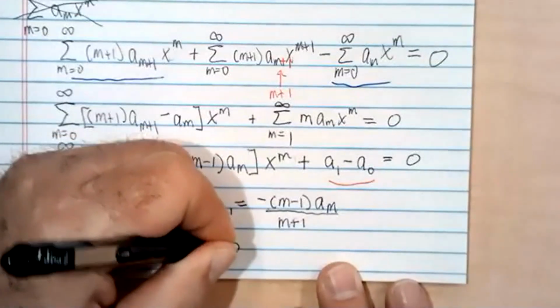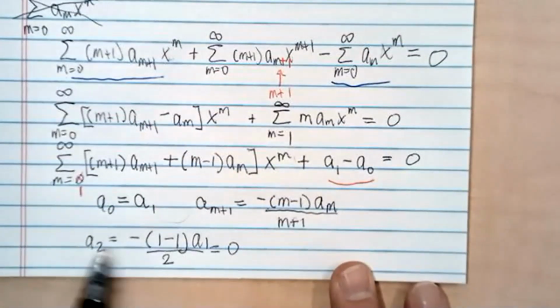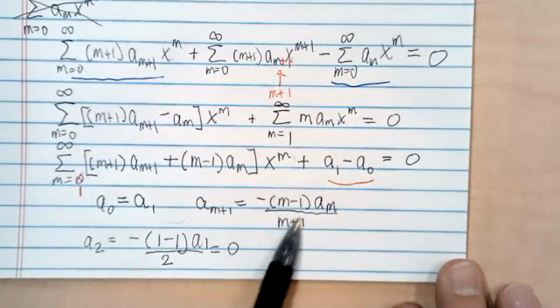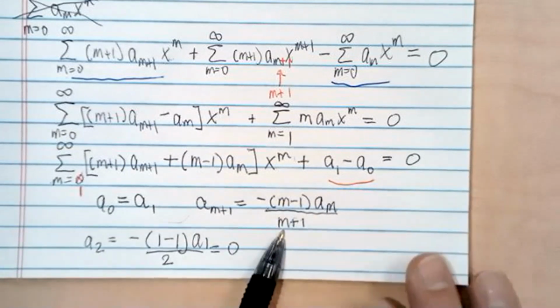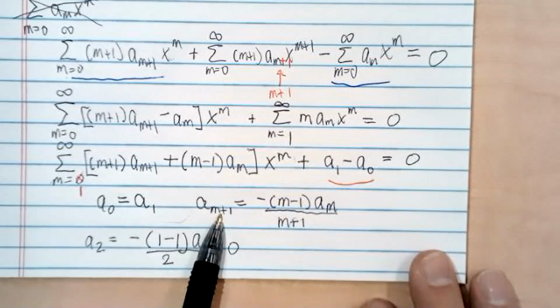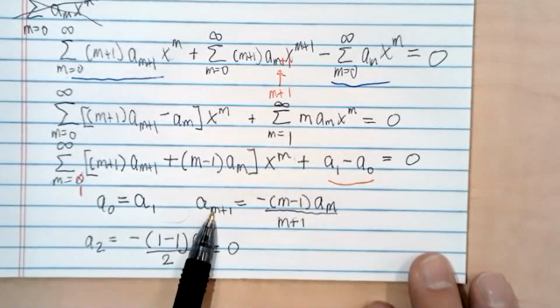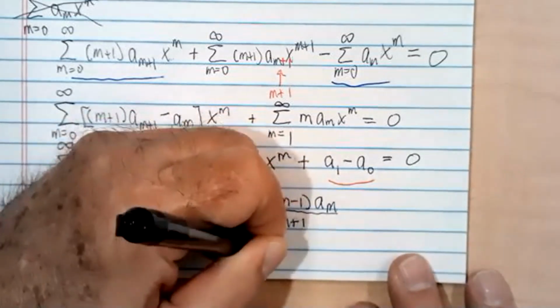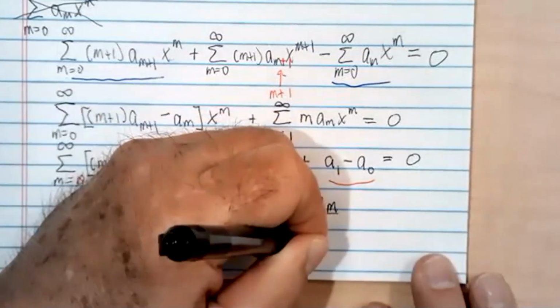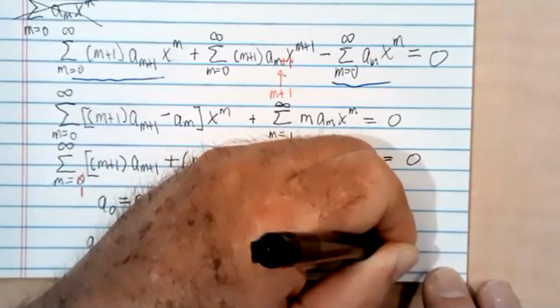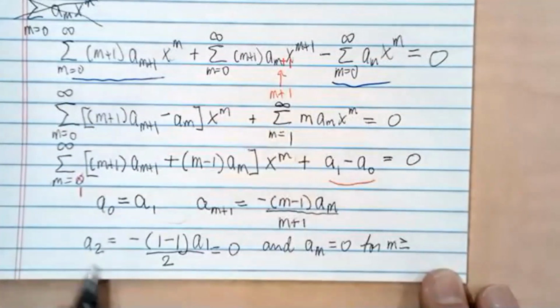Well, that's 0. Now, once you've got a 0 for a2, notice if you put m to be 2 in here, you'd have 0 is equal to some stuff, still going to be 0, equal to a3. Once you have a3 is 0, that will force a4 to be 0, that will force a5 to be 0, etc. And am equals 0 for m greater than or equal to 2.